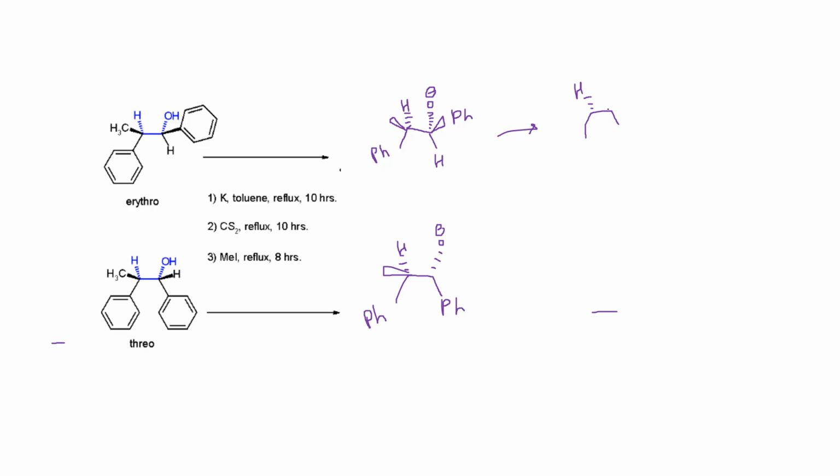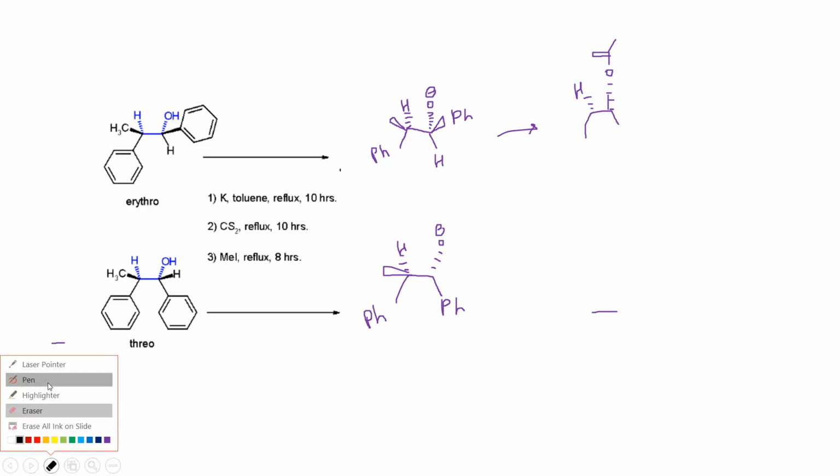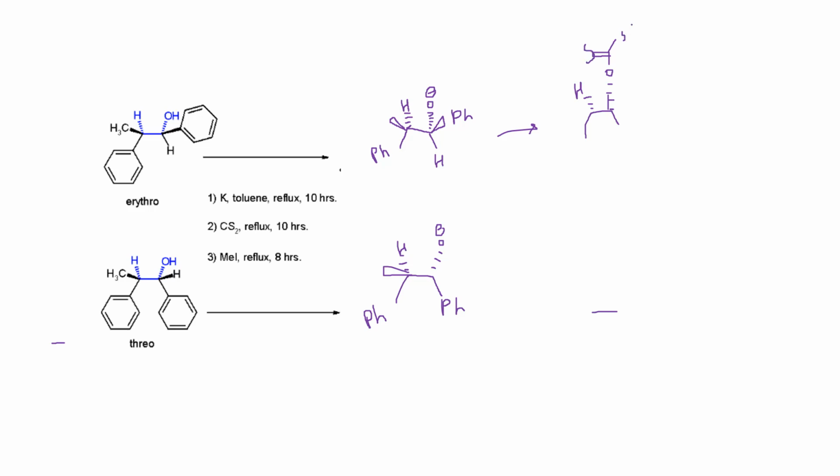After CS2, like in the previous reaction I have already told, first the oxygen will attack CS2, then the S minus will attack the methyl iodide, forming the thioester.